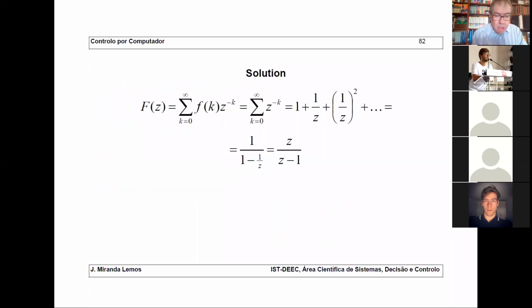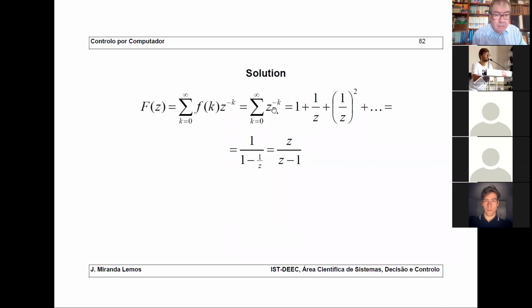Okay, so let's use the definition of Z transform in this formula to compute the Z transform of a sequence which is always 1. So I use the definition.